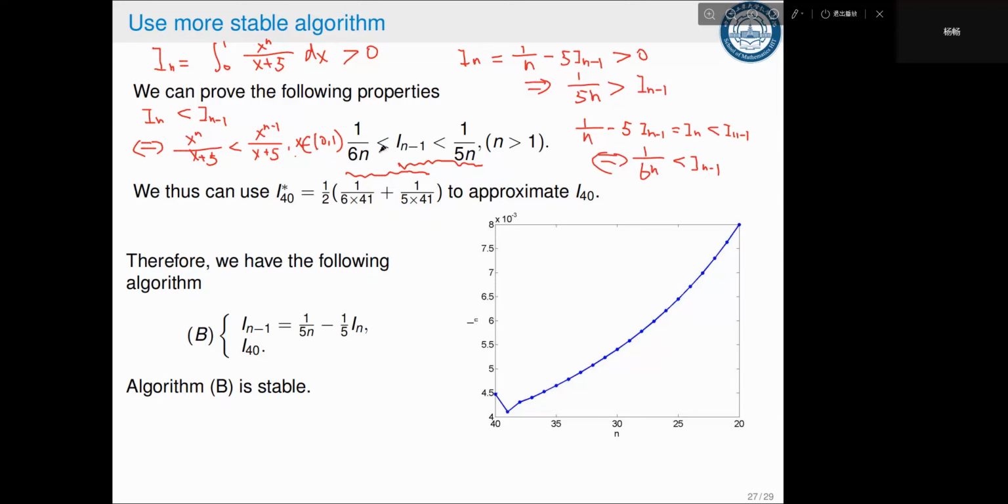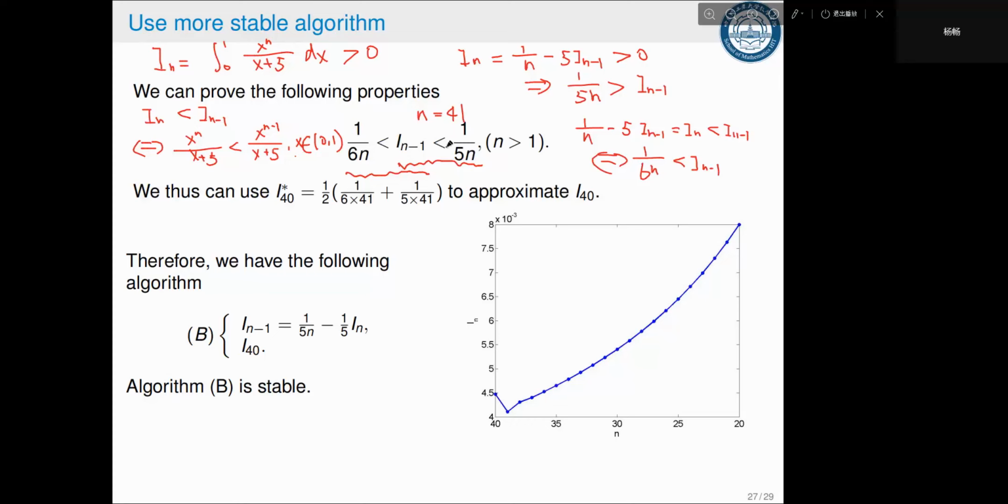Once you have such a property, you substitute n by 41. You will find that here is I_40, here is 1 over 6 times 41, and here is 1 over 5 times 41. So you know that I_40 is between these two numbers.